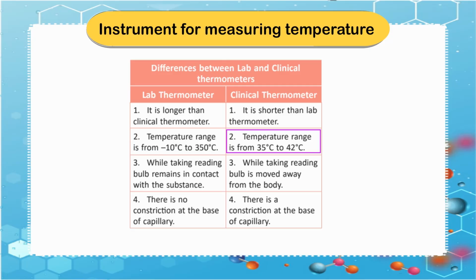Temperature range is from 35 degrees Celsius to 42 degrees Celsius. 3. While taking reading, bulb is moved away from the body. 4. There is a constriction at the base of capillary.